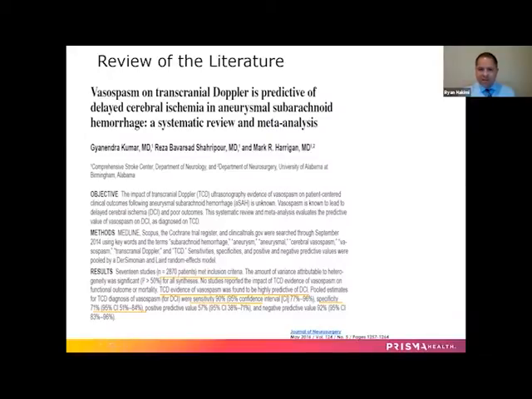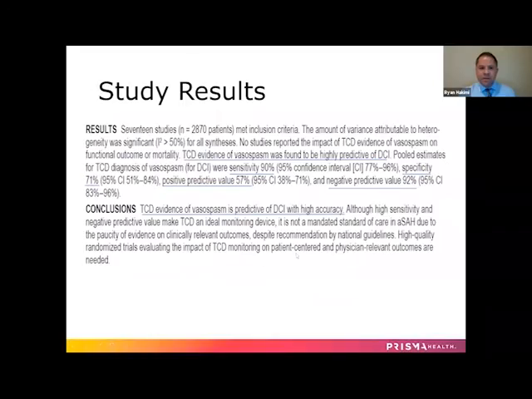You can see here highlighted below 2,870 patients, and TCD evidence of vasospasm was found to be highly predictive of DCI, with a sensitivity of 90% and specificity of 71%. I invite you to pull this article, read it, and draw your own conclusions.